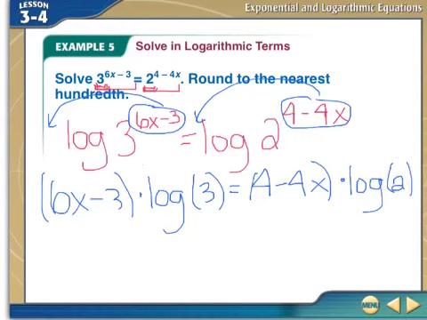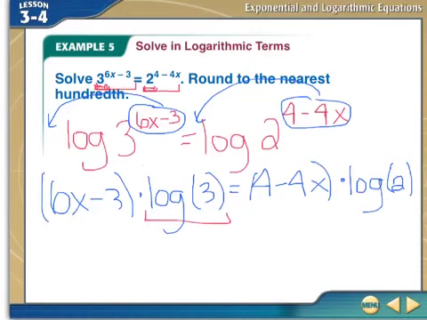Now what I'm going to do on both sides is distribute. I'm going to take this log 3 and figure out what its value is.